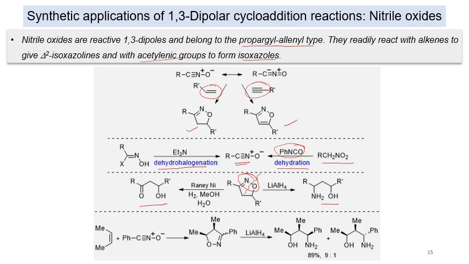So you can see here in this particular example, this is now a Z double bond, gives you stereoselectively this particular cycloadduct, which can now be cleaved reductively. First you have reduction of this imine type bond, and then you have cleavage of the N-O bond, leading to a mixture of diastereomers in a 9:1 ratio and very good yield.